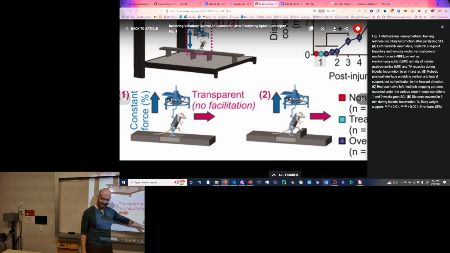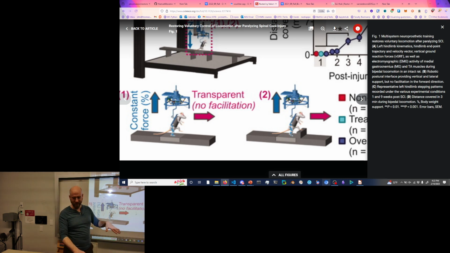There are other studies on this particular system, but this is kind of the 2012 version of that little wire support and treadmill thing from the cat.